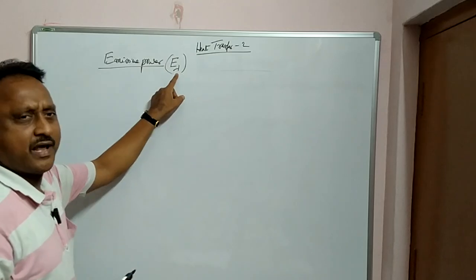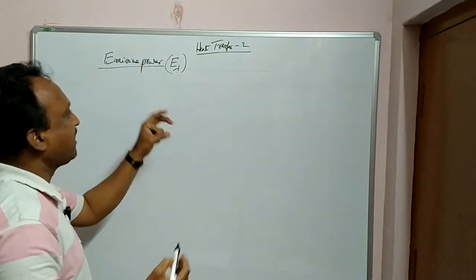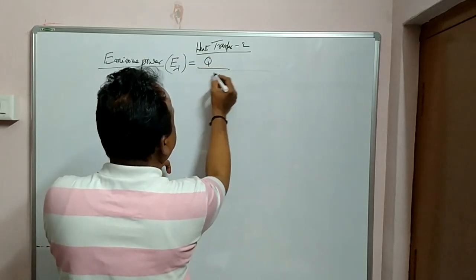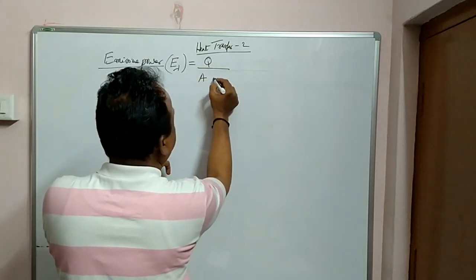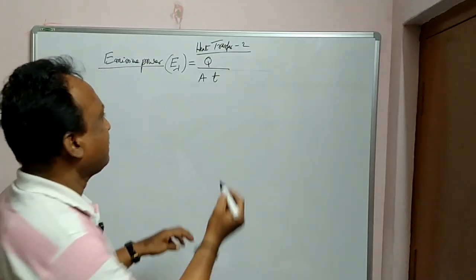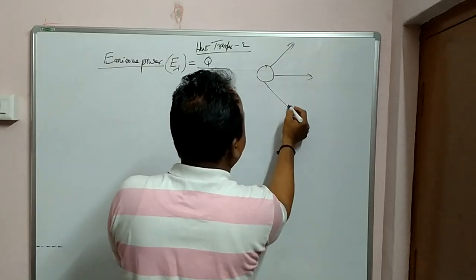Why am I writing E lambda? At a particular wavelength. Okay. So how do we define emissive power? Emissive power means the amount of heat energy emitted per unit area in unit time. That means, for example, if you take a body, it is emitting heat energy.